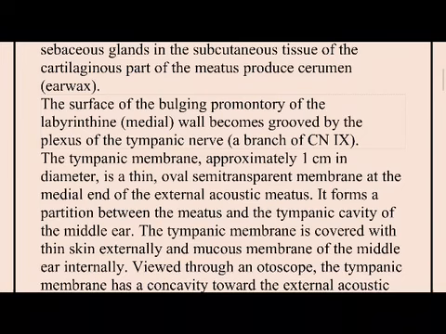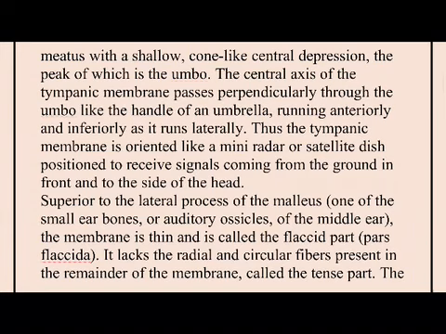When you view through an otoscope, that's an instrument used to view the ear for examination, the tympanic membrane has a concavity toward the external acoustic meatus with a shallow cone-like central depression, and the peak of this depression is what we call the umbo.